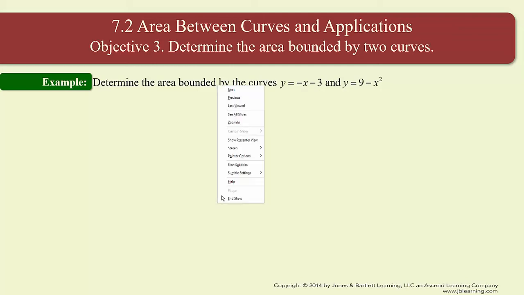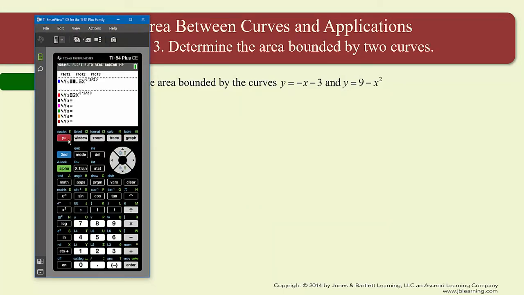So let me call up my calculator again. And let's see, I'll clear that out. So in y1, I'll put the negative x minus 3. And in y2, I'll put the 9 minus x squared.